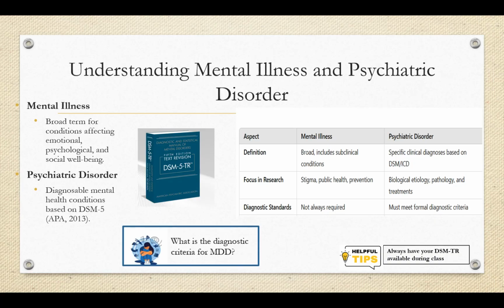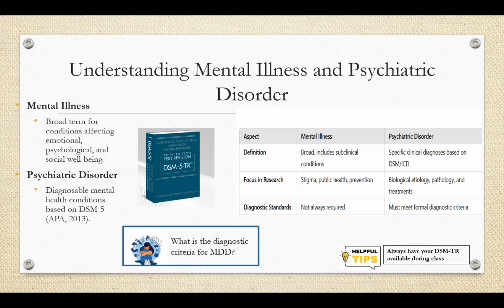What I'd like you to do is pull out your DSM-5 TR and look up major depressive disorder. You should always have your DSM-5 on hand when reviewing different drug categories to understand what you're treating, what the symptoms look like, and what the diagnostic criteria are for a specific disorder.